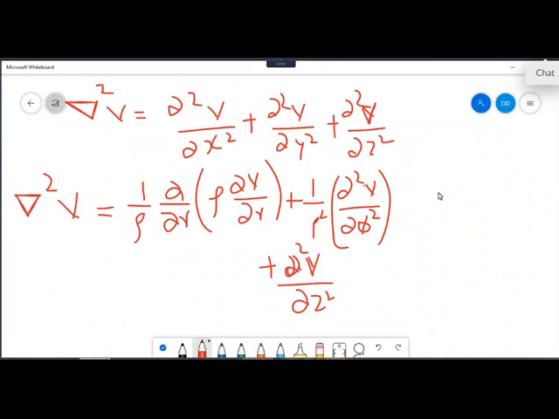Next let us see what is del square V in spherical coordinate system, how to represent it.